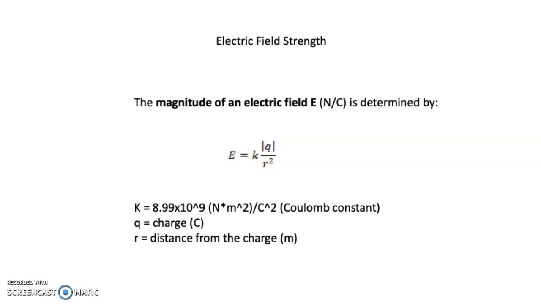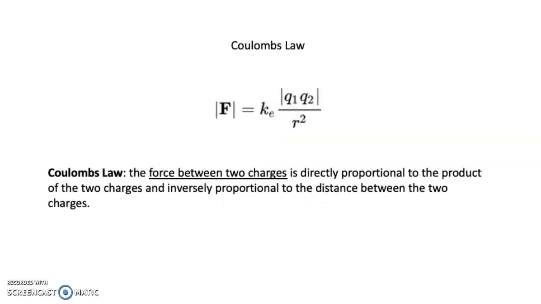Plugging that into the force equation gives us one more charge to deal with, and that is Coulomb's law equation. So basically we're just adding another charge, Q2, and then finding the force between the two charges relative to the distance between them.